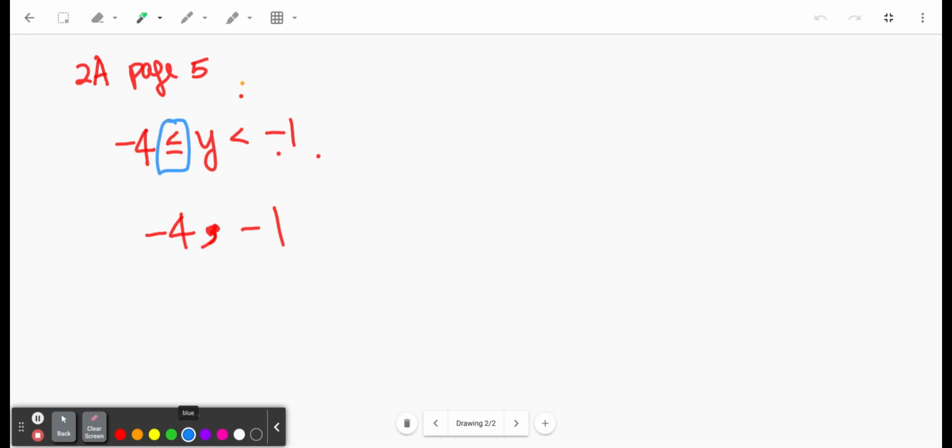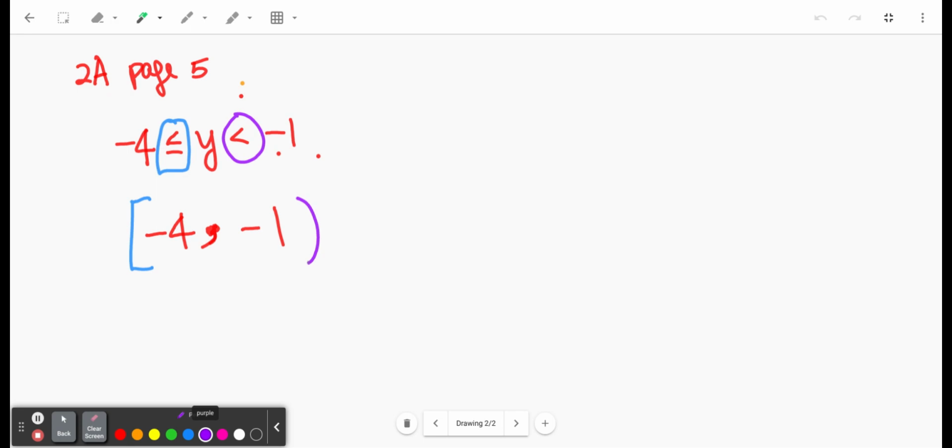When you have the equal to, it's a bracket. Then we see a smaller than. It's a parenthesis because there's no equal. Easy as that. If there's an equal sign, that's a bracket. If there's no equal sign, it's a parenthesis. That's it.